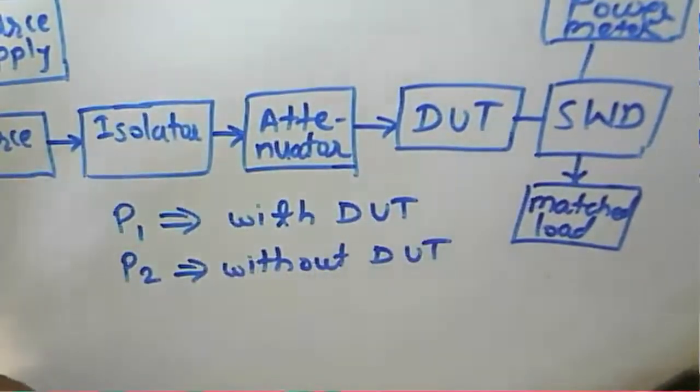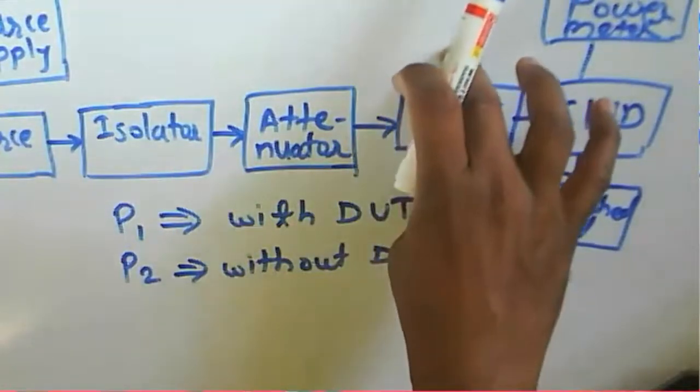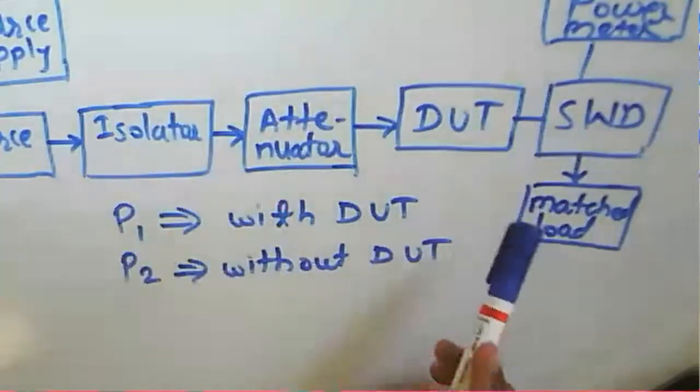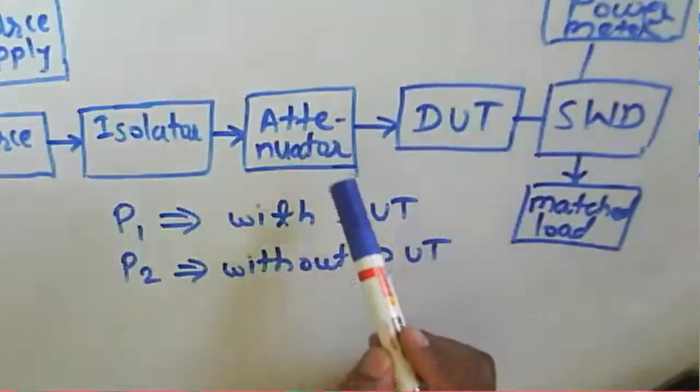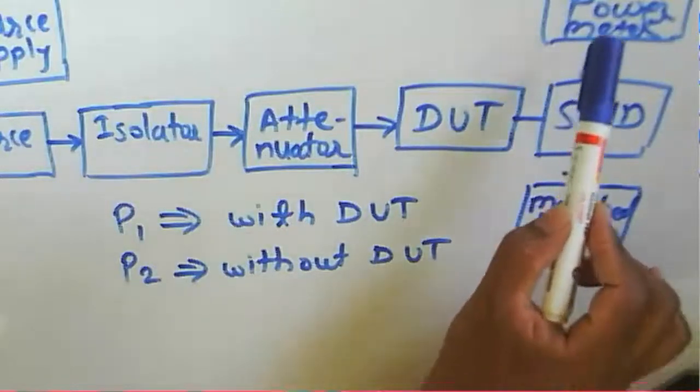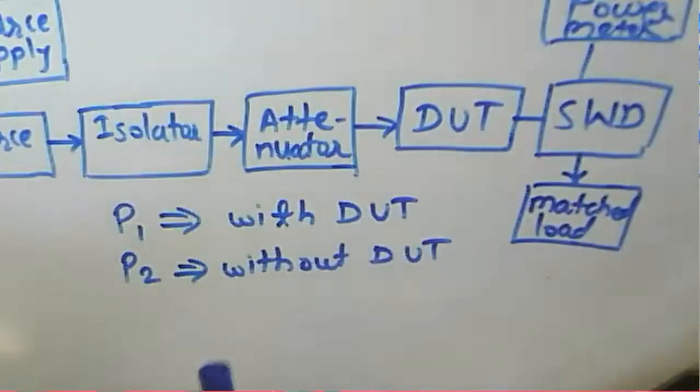Now, device under test means what? Any component that we insert in the given microwave bench causes some attenuation. For that purpose, we measure the power at the power meter with the device under test and without it. Then we can measure the attenuation.